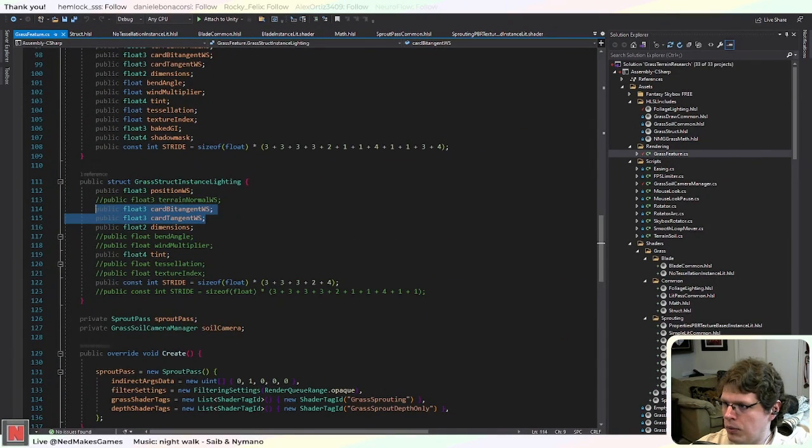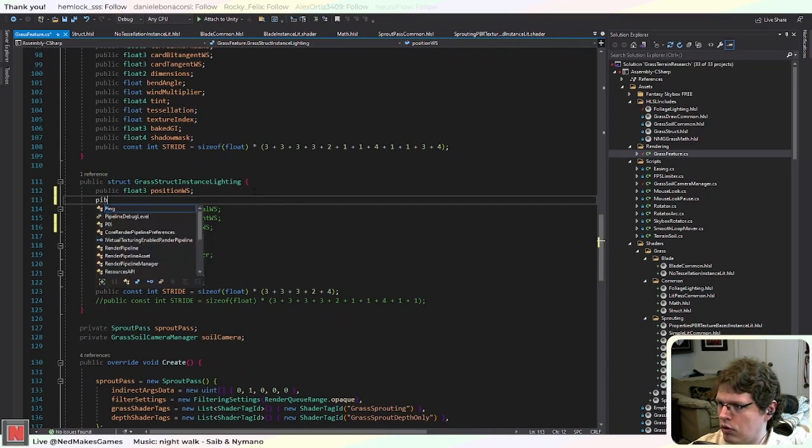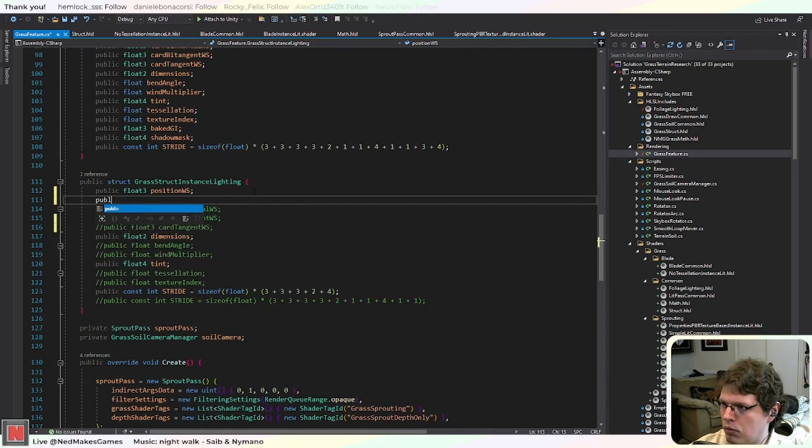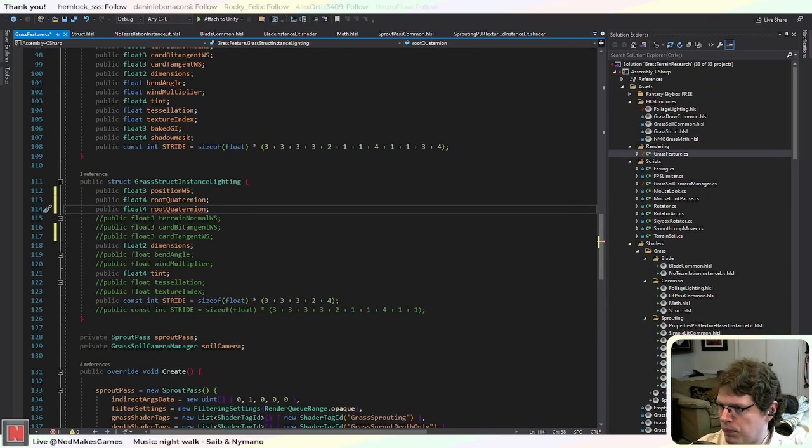So we won't use these anymore, and I guess I'll just comment them. Instead, we'll use float4 root, Quaternion, and tip. And so we can take away the 2.